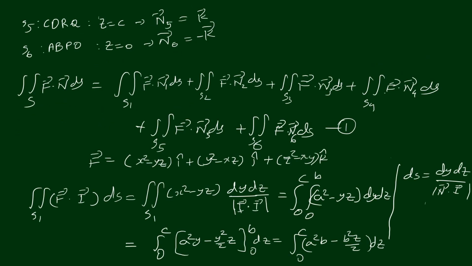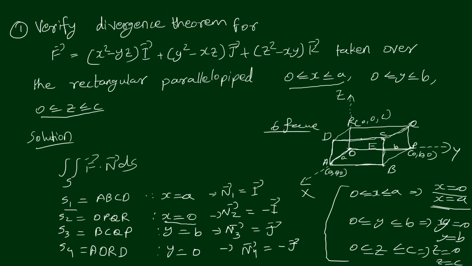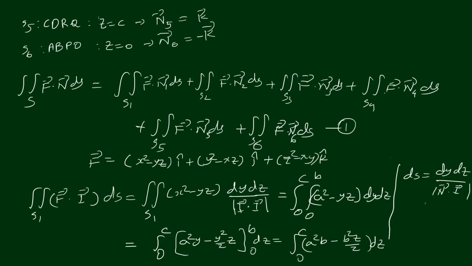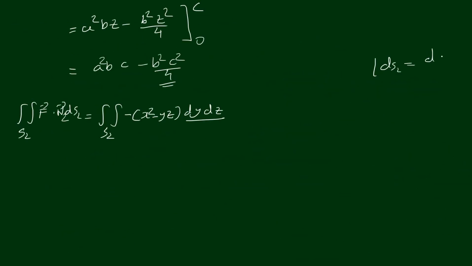Since it is on the yz plane, that surface S2 is R, Q, P, or otherwise O, P, Q, R. The equation of the yz plane is x equal to 0, which we have already written. Since it is on the yz plane, we are integrating with respect to y and z, so no need to project. So it is dy dz over the magnitude of n dot the unit normal vector to the yz plane, which is the i vector, and the n vector is also minus i.